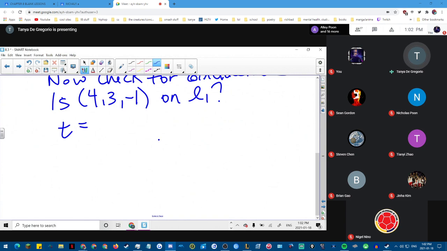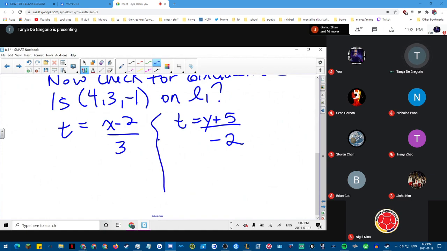So if I'm checking the t values, I'm going to check from symmetric equations, which I have. Do I need to, okay, well, let's check. Let's do these and see what happens. So subbing in 4 minus 2 divided by 3, I get 2 over 3.